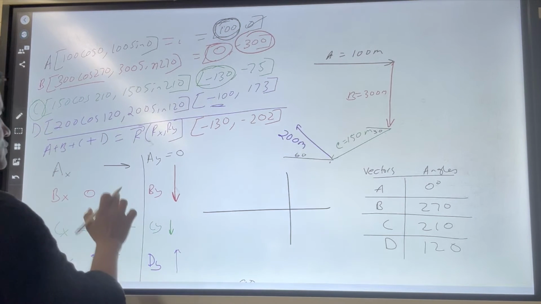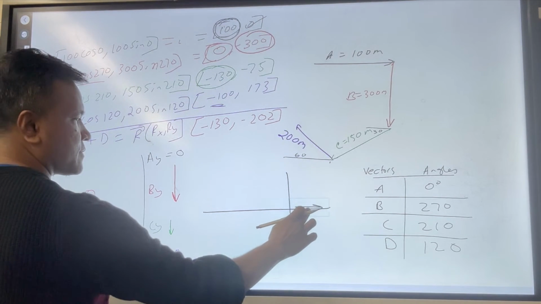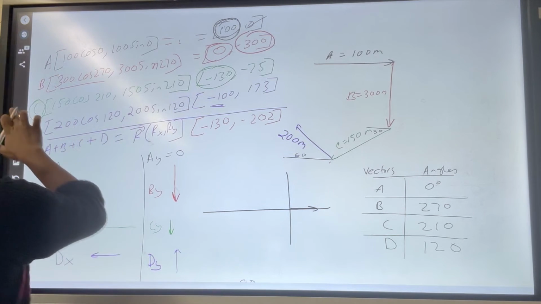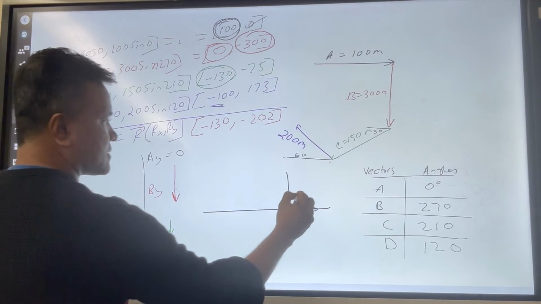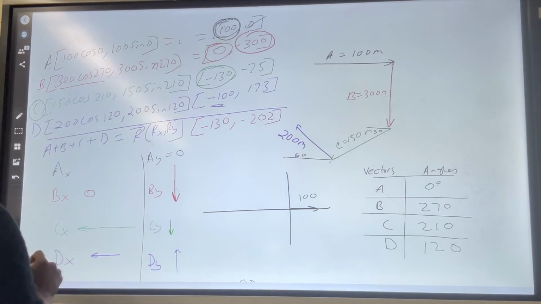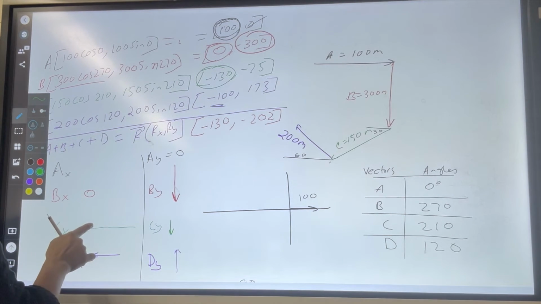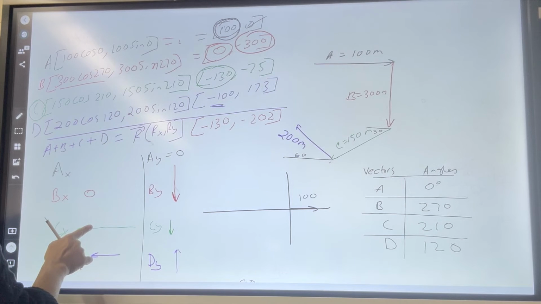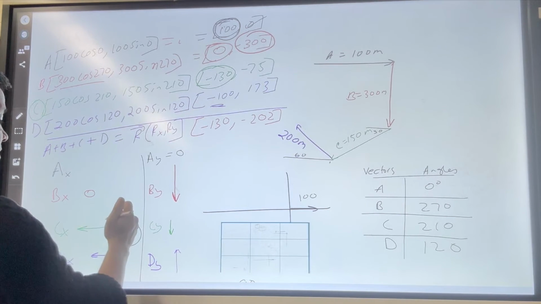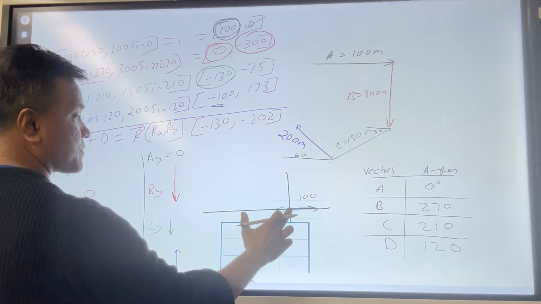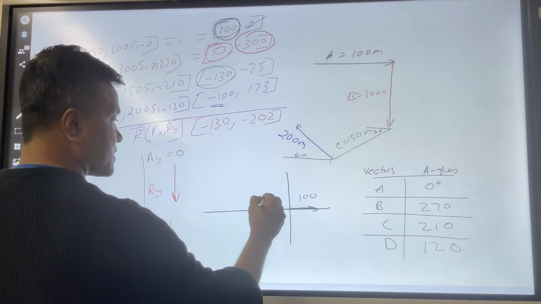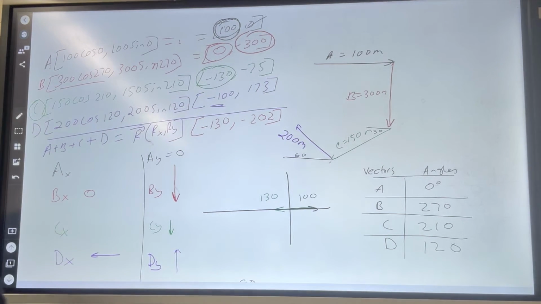Now we have 100, and then we have 130. We're going to make it small, negative 130.